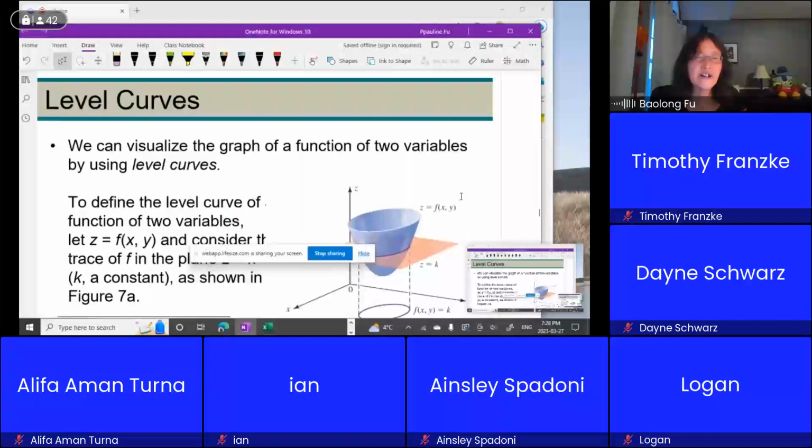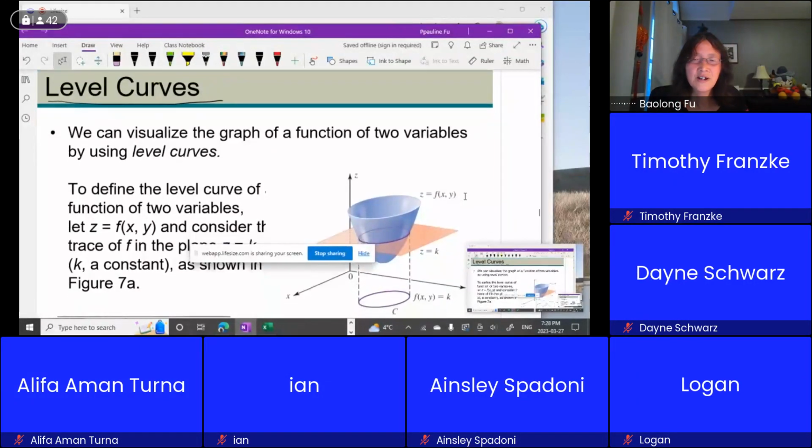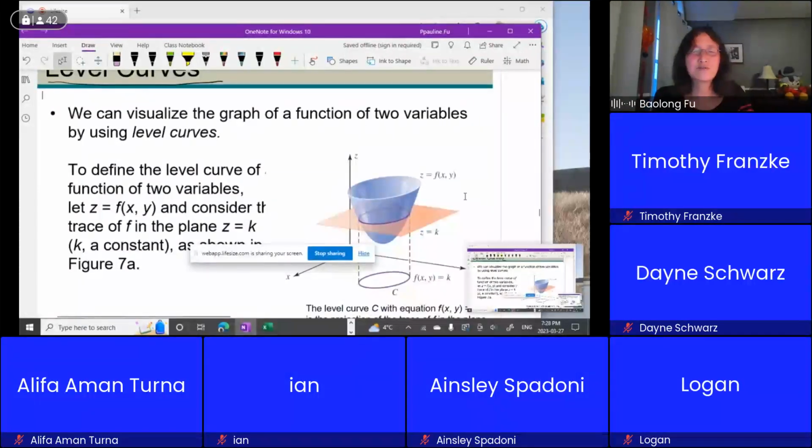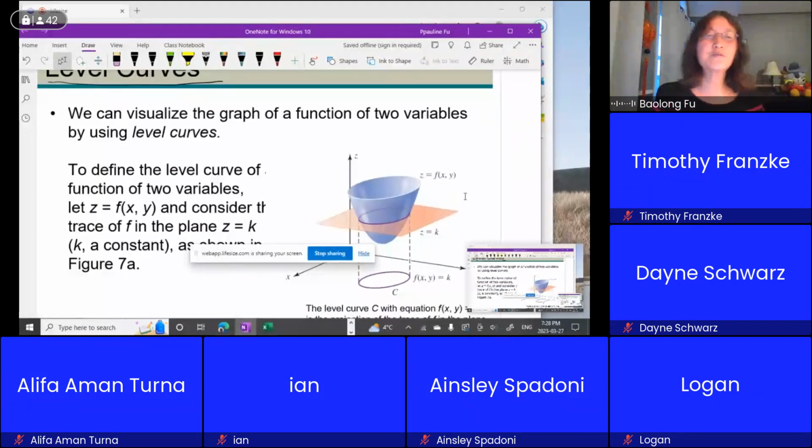Now an important concept, level curves. We can visualize the graph of a function with two variables by using level curves.